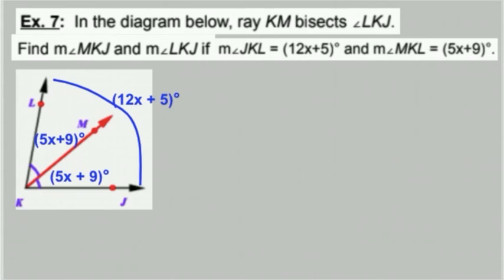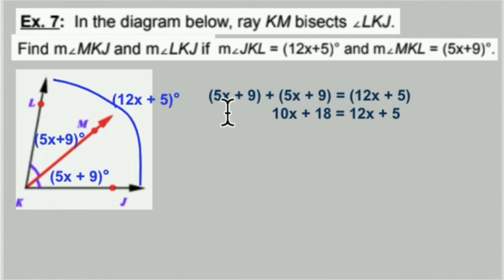So using the angle addition postulate, I can say that the sum of these two angle measures added together has to equal the measure of the larger angle, 12x plus 5. Combine like terms on the left side of the equation to get 10x plus 18 equals 12x plus 5.